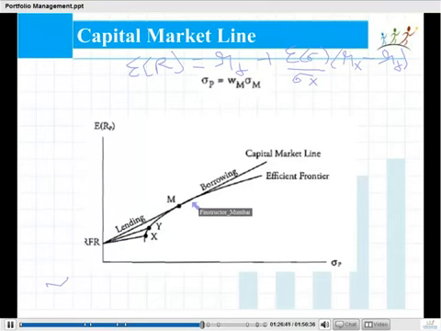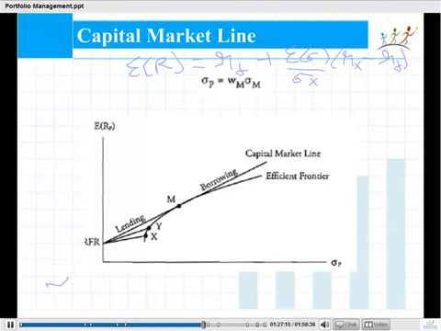So if the investor wants to take some amount of risk, all he has to do is pick a risk-free asset and pick the tangency portfolio M and weight them in different proportions, probably borrow and invest in the tangency portfolio M, and that will create the best risk return profile for him.